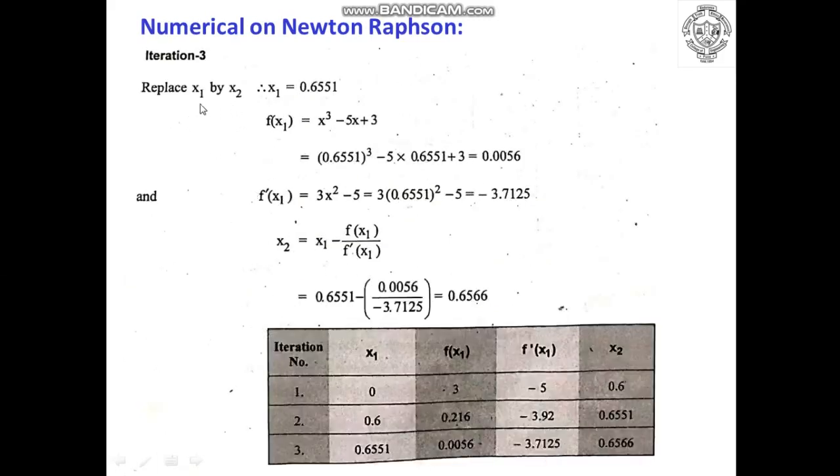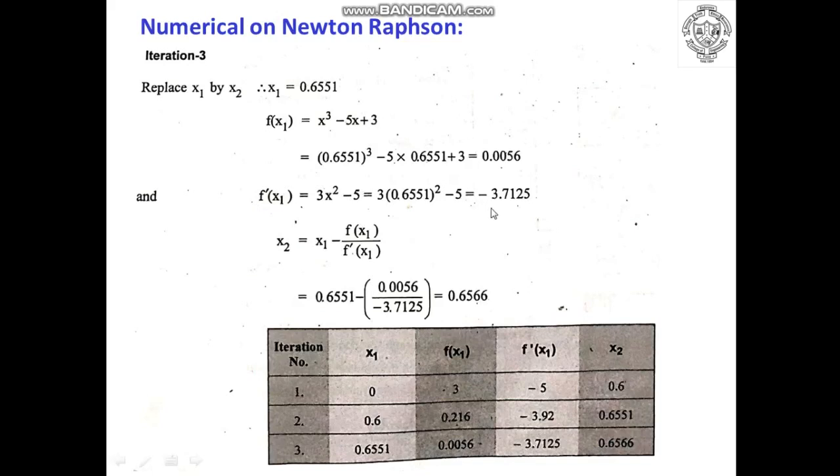Now again we have to replace x1 by this particular x2, which is 0.6551, and it is said that you have to perform 3 iterations. So again I will replace value of x1 by x2, and now my x1 becomes 0.6551. So f of x1 will be calculated by putting value of x1 in the equation. So 0.6551 cube minus 5 into 0.6551 plus 3 will be equal to 0.056. Similarly, f dash of x1 also will be calculated by putting the value of x1 in the equation.